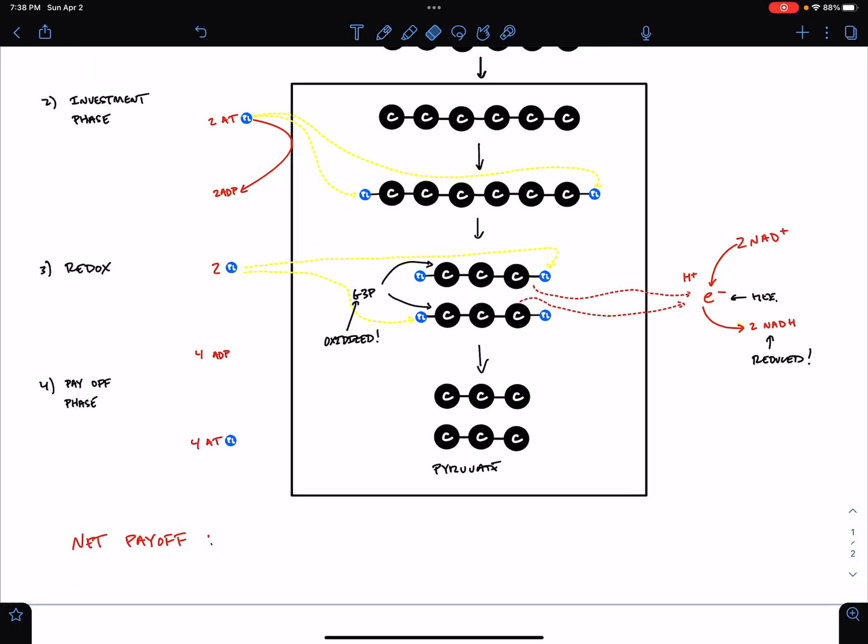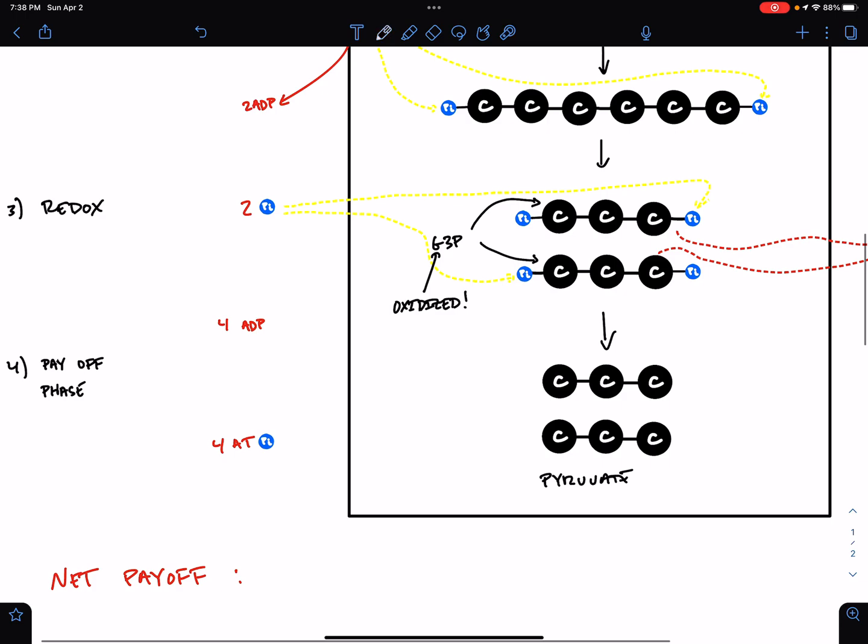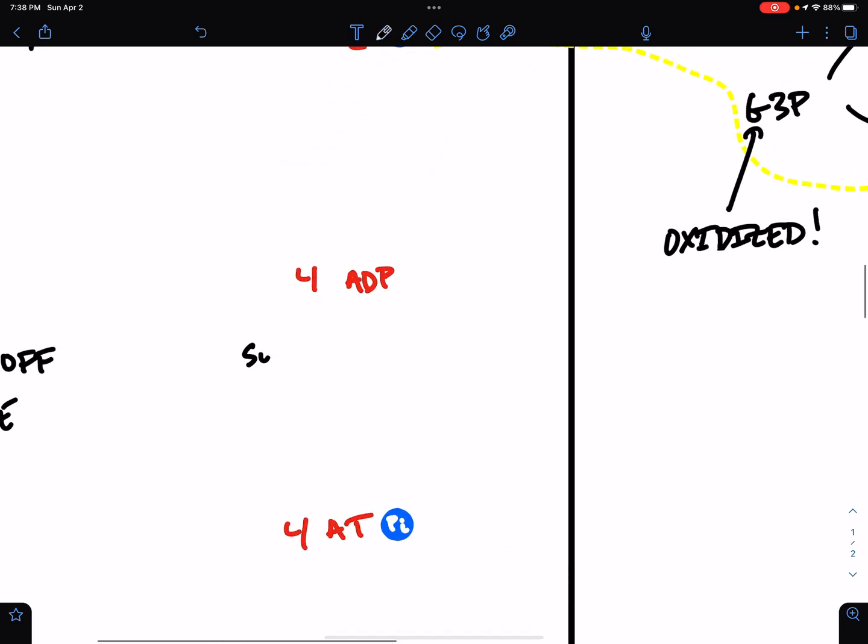At the beginning of glycolysis, we invested 2 ATP in getting it all started. Ultimately, we are going to swoop in here with 4 ADP and perform what's called substrate level phosphorylation.